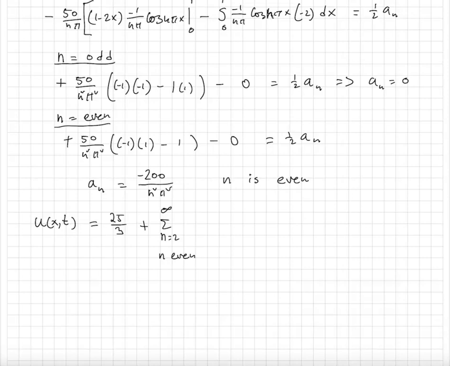So we will start with 2 and go to 4 and so on, and a n is negative 200 divided by n square pi square times cos n pi x e to the power minus n square pi square k. And this time I will just substitute the value of k, t. That's all. This is the final answer.